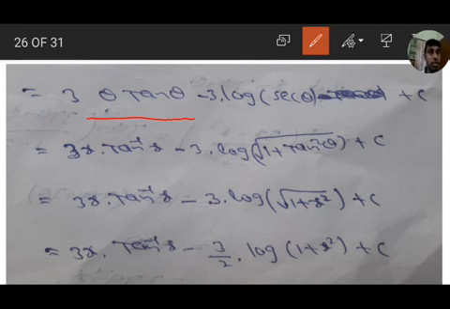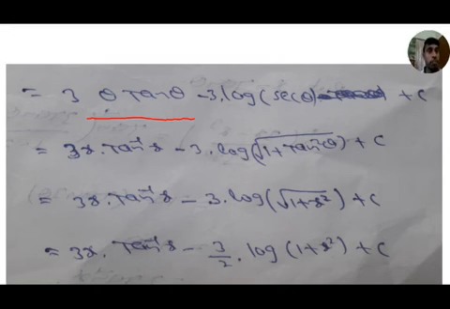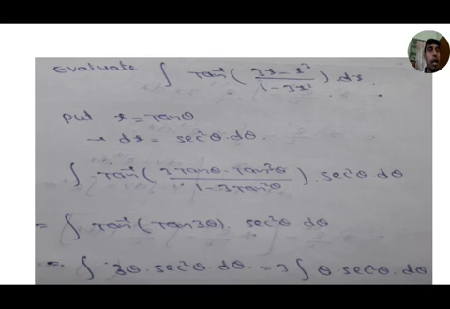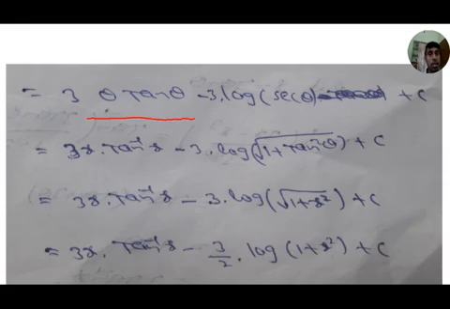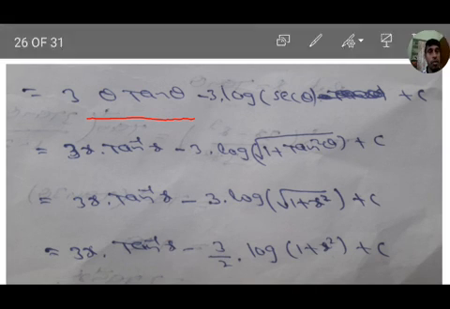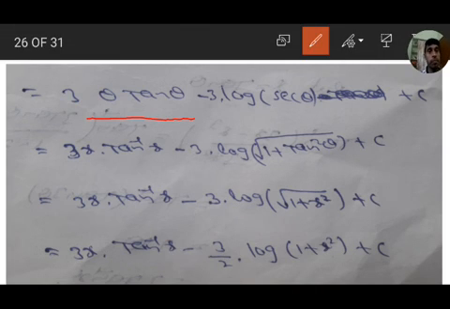So what is the theta value? x equal to tan theta, so theta equal to tan inverse x. Substituting, theta means tan inverse x, tan theta means x, so 3x into tan inverse x minus 3 into log of sec theta.